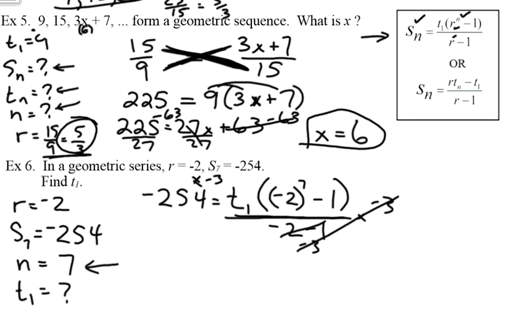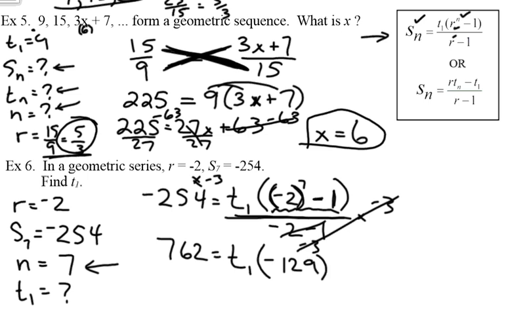From there, we get 762 equal to T1 times, and I'm going to do this calculation as well, negative 2 to the 7, subtract 1. Checking in my calculator, I get negative 129 there.